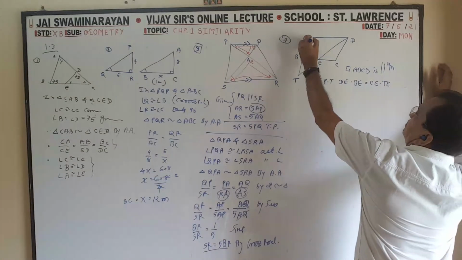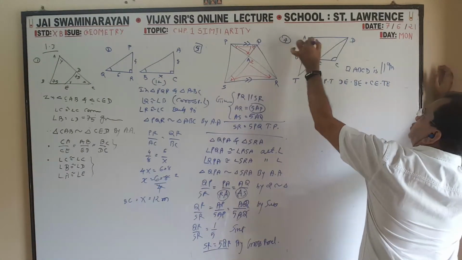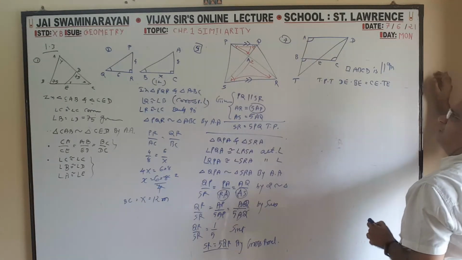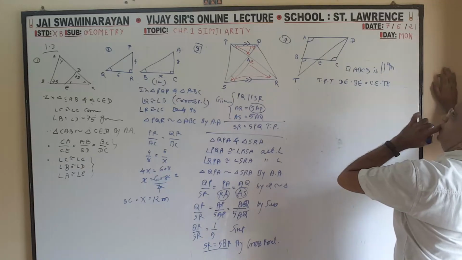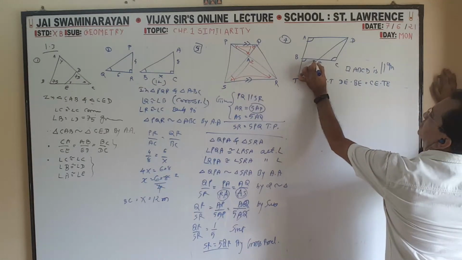If it is a parallelogram, then this is congruent to this, and these two are parallel, so this is congruent to this, and this is vertically opposite.